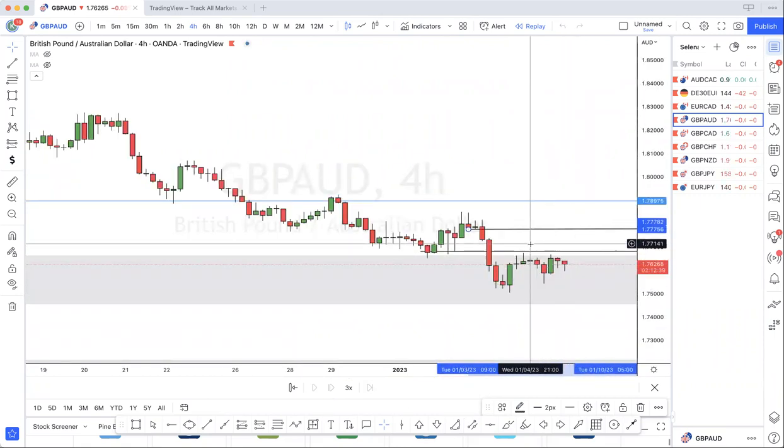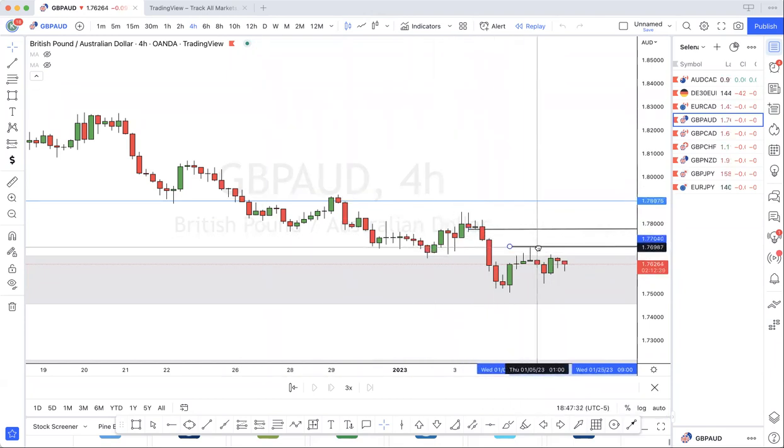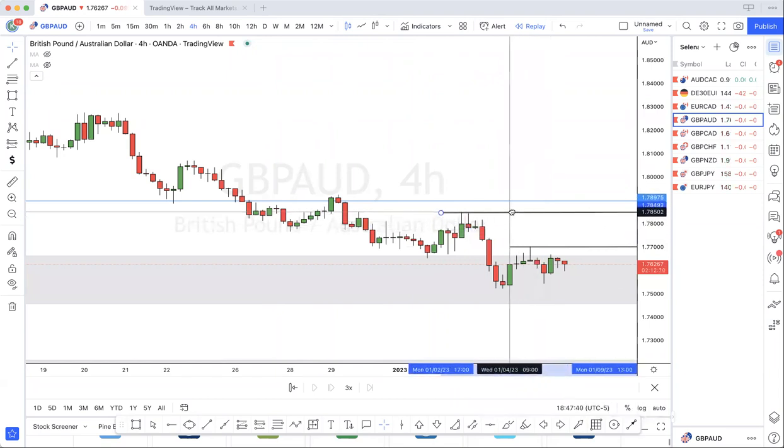So it tapped in, sold down, tapped into this order block. So now I would definitely be waiting for price to either come up here and sell, or break this high and buy up.